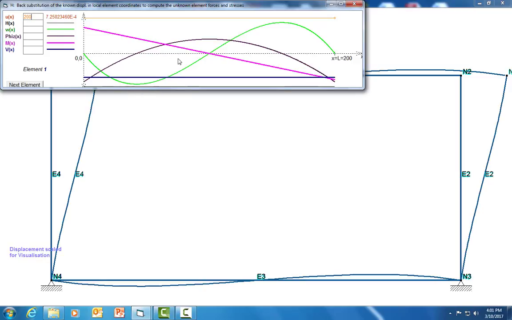At that point, at node 1, we have a very small value, because member 1 is in axial direction nearly not elastic, and therefore it's nearly the same. And these are then Hx, the axial.